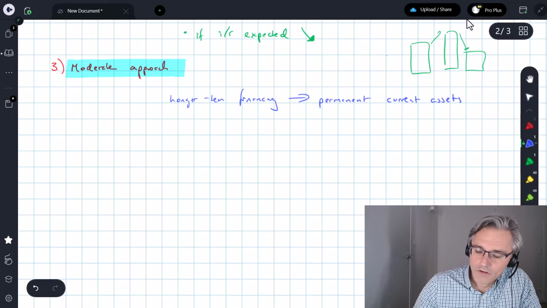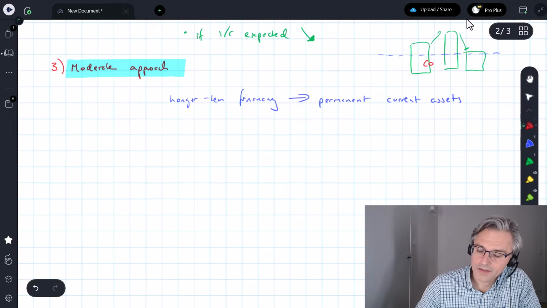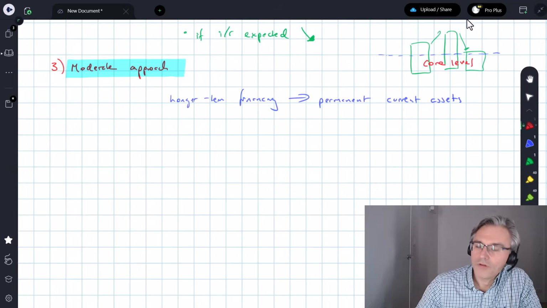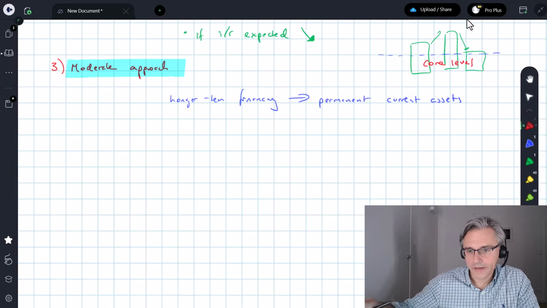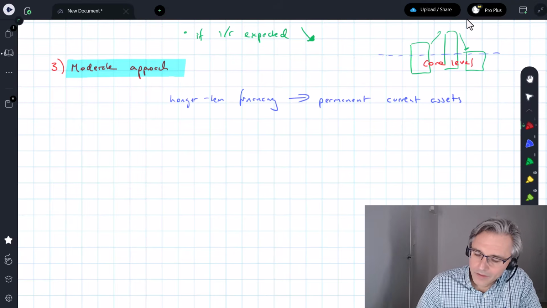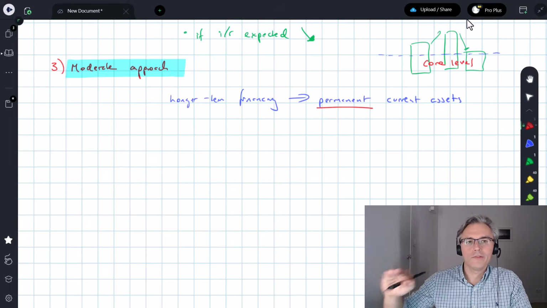However, you will typically have some, let's say, core level of inventories in the business, a core balance that is more or less sustained throughout the whole year. So this is what we call a sort of permanent core level of current assets.